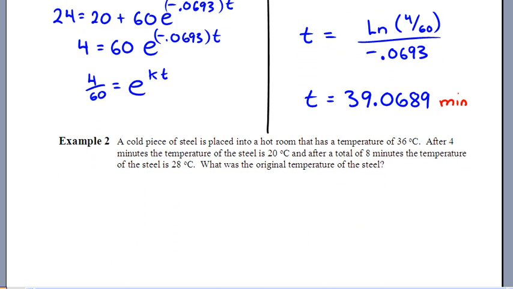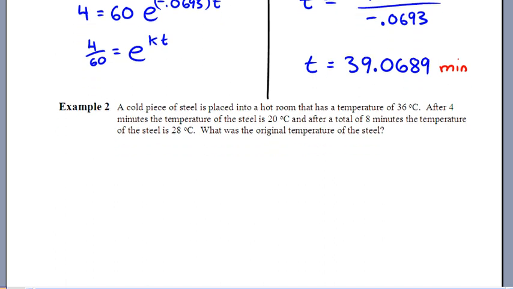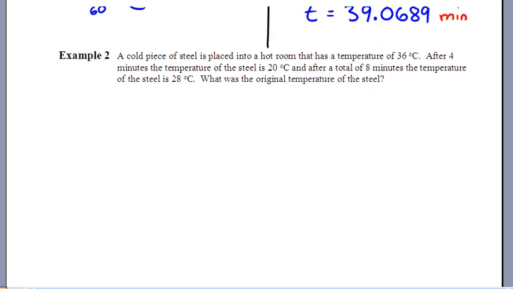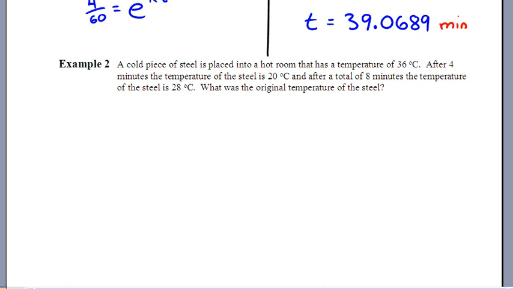Okay, one more Math 12 question. There's really no calculus here. And then we're going to go and do an old AP question. This is actually going to be like Newton's law of warming. Just to throw something different at you, let's see if we can actually use this in reverse. A cold piece of steel, so it was in a freezer or something, is placed into a hot room that has a temperature of 36. So there's that room temperature again, right?